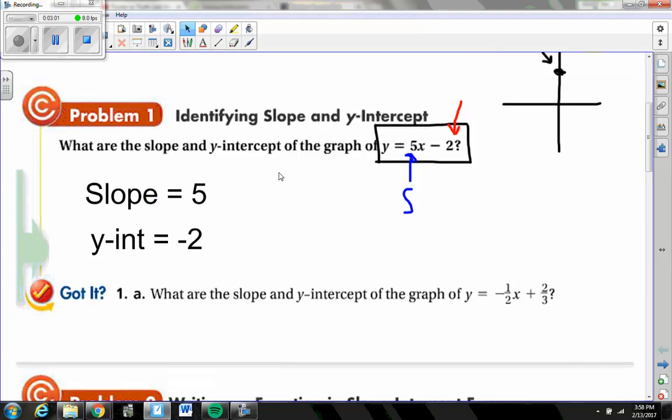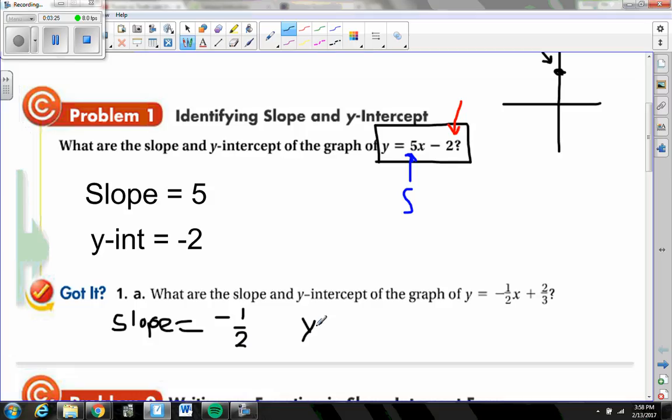So if I ask you to find me the slope and y-intercept of this equation, y equals negative 1/2 x plus 2/3, you should be able to do that relatively quickly. You should be able to tell me, well, Mr. Freitag, the slope is the number that's multiplied in front of my x, which is negative 1/2.